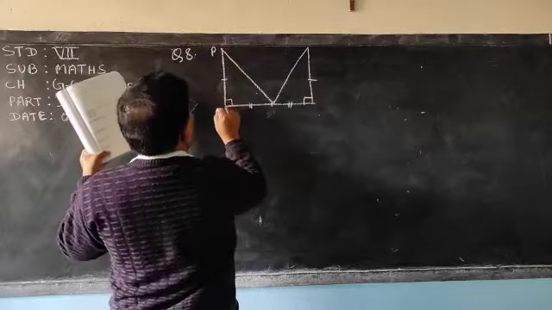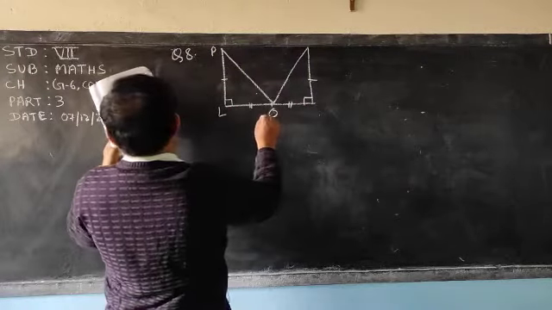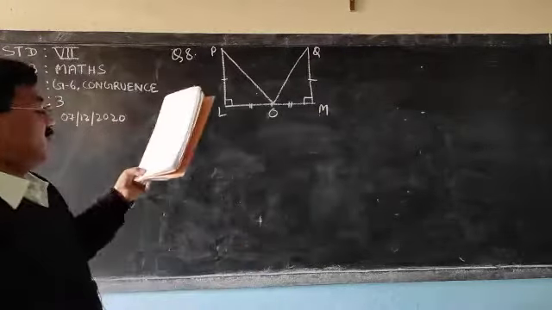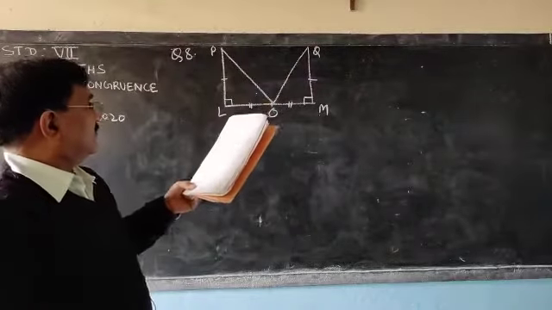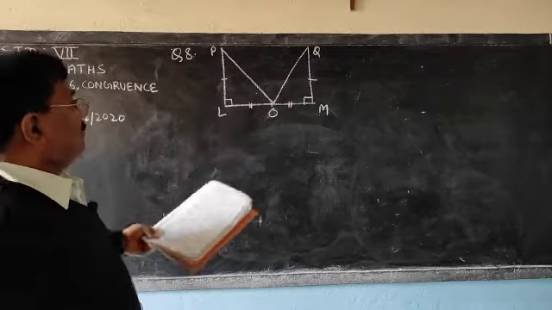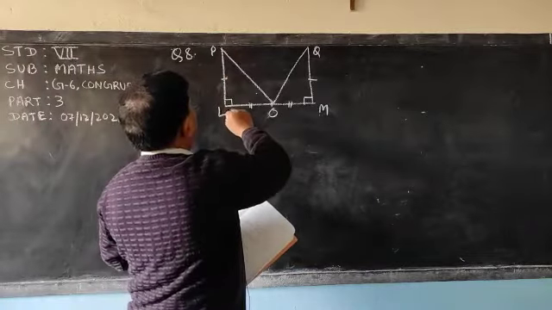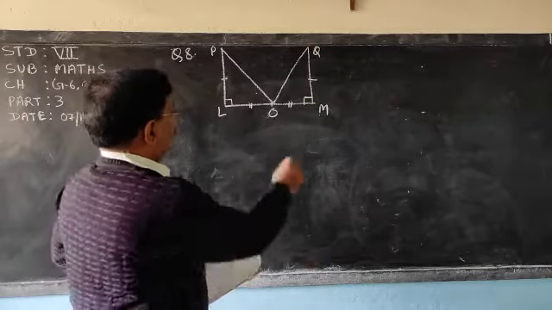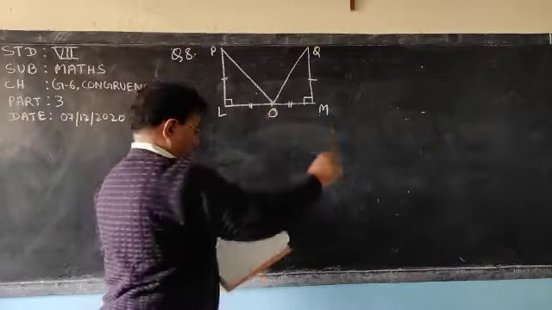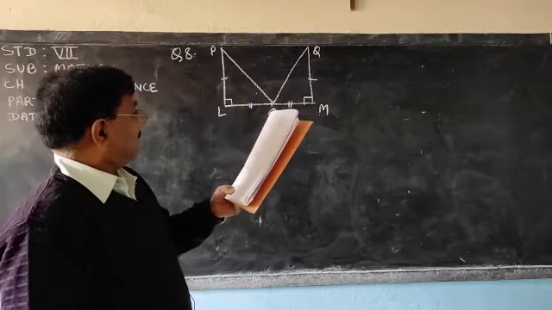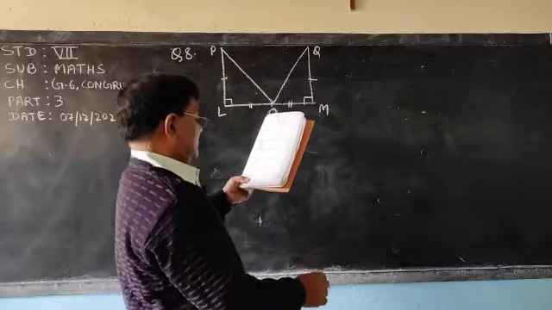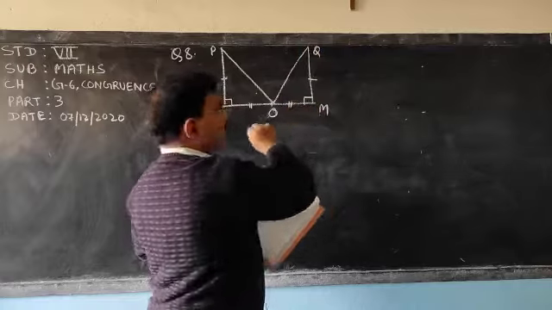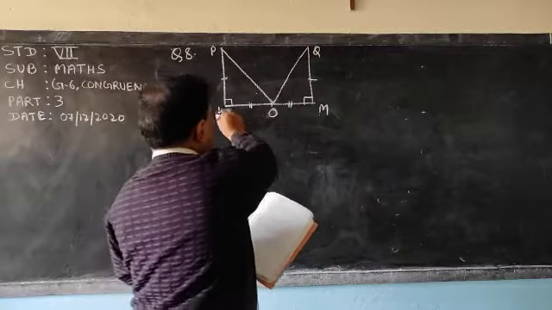PLO and QMO. Now LP is equal to MQ, it is given. Next, OL is equal to OM, and QM is perpendicular to LM. Perpendicular means 90 degrees.